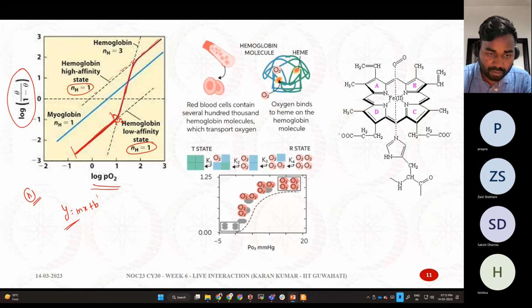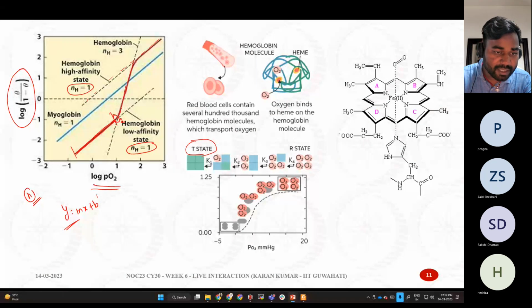That means now the hemoglobin is sensing that there is a lot of oxygen available, so it needs to store and transport it from one place to another. So in that state, it transitions from the T state to the R state, and this phenomenon is very rapid. During this period, you will have a slope of n equal to 3. That means the cooperativity is around 3.